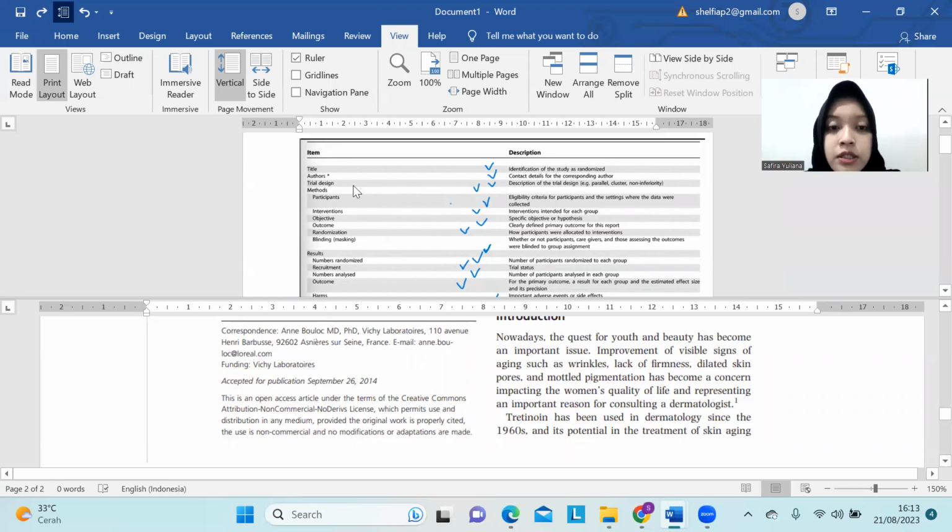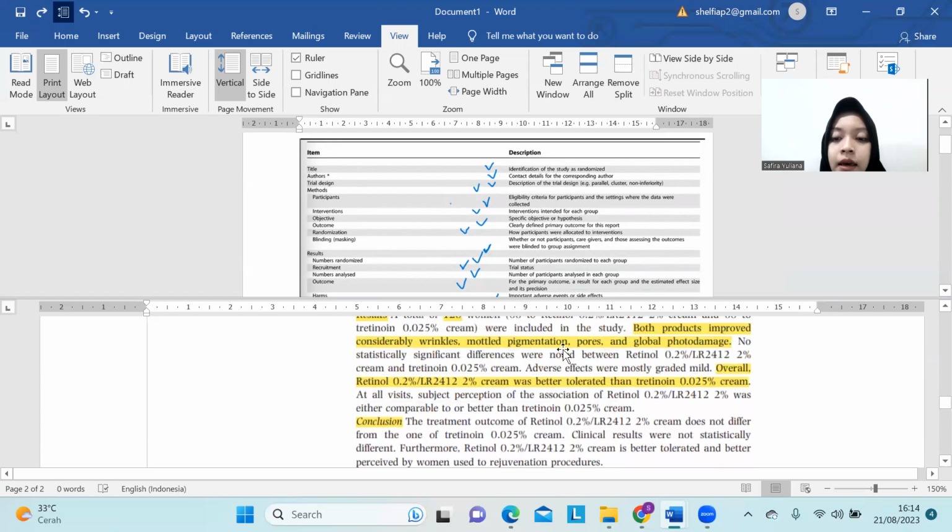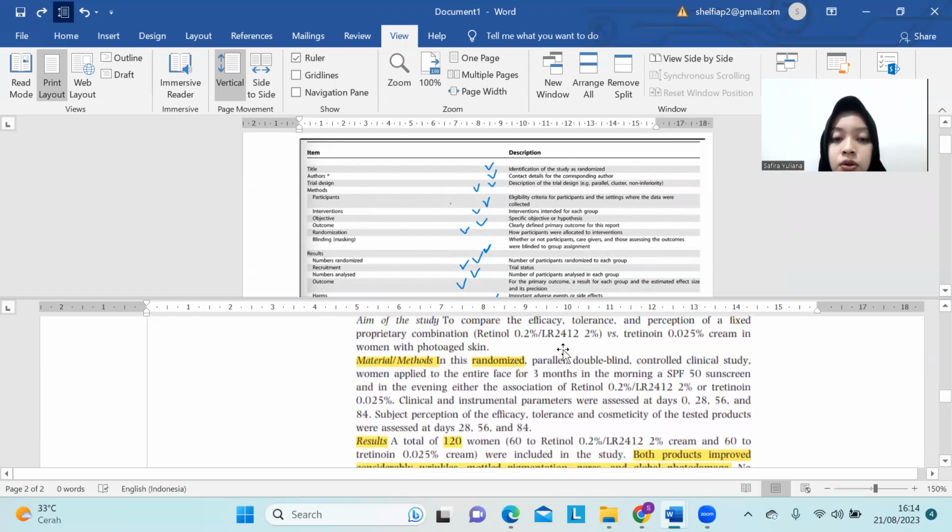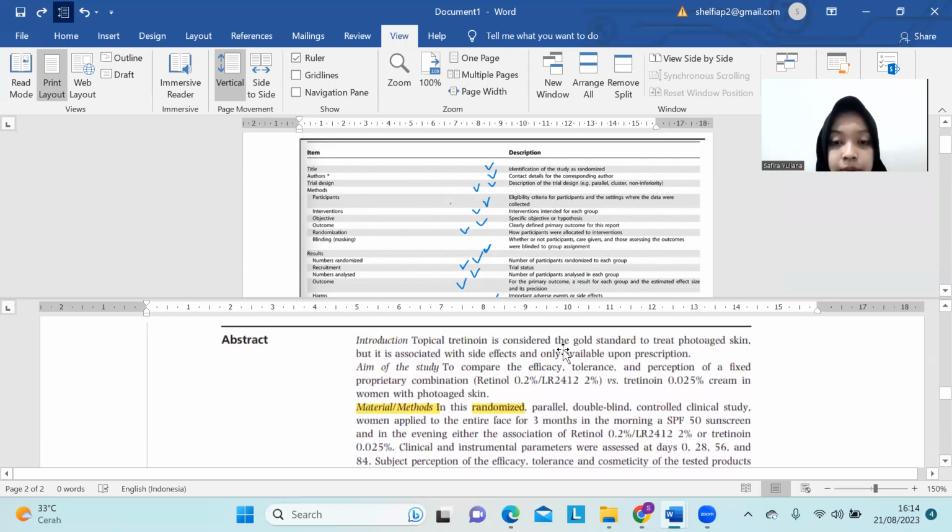And next, we are going to the trial design. The trial design is a description of the trial design, like parallel, cluster, and non-inferiority. And we are going to look at the trial design. Tretinoin is considered the gold standard to treat photoaged skin, but it is associated with side effects and only available upon prescription.